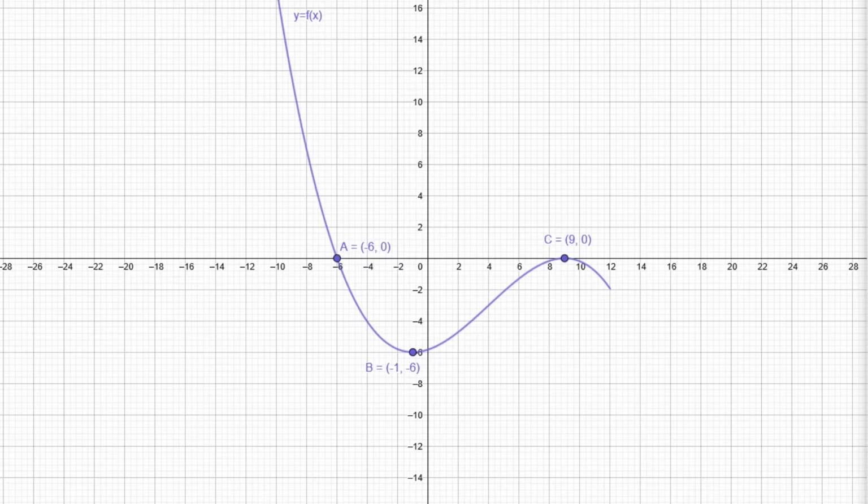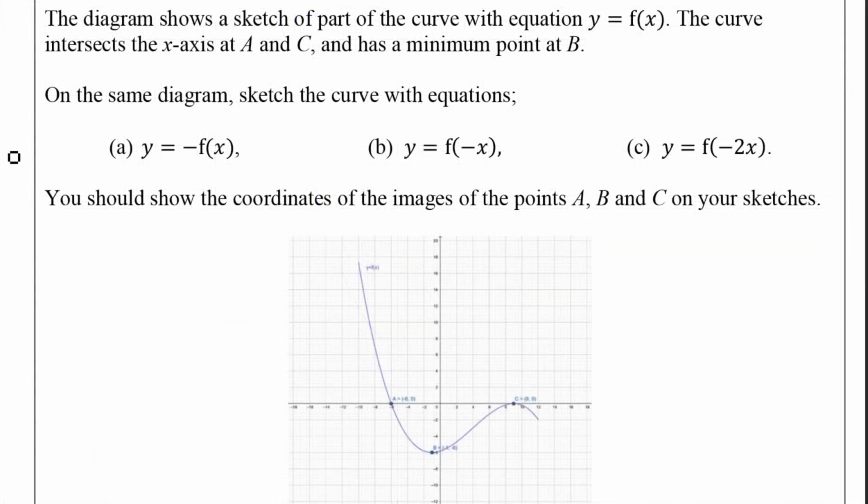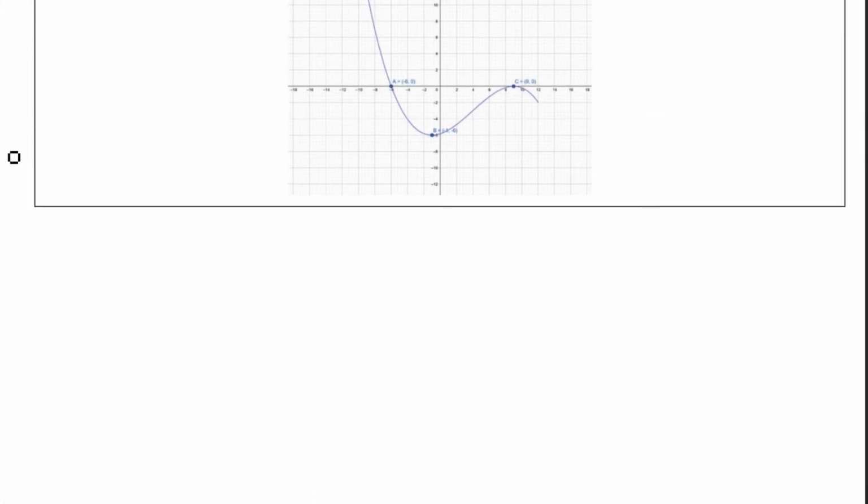Well, before we have a look at what those transformations do to the curve, let's see if we can work it out using our rules. For part A, we have to work out how to go from the curve with equation y is equal to f of x to the curve with equation y is equal to the negative of f of x.